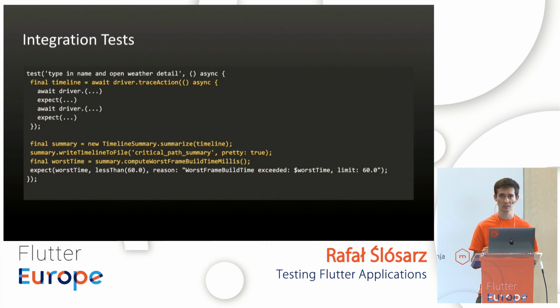We can see it in the browser as well. But from this summary, we can actually easily calculate what was the worst frame build time, for example, or what was the average build time of our frames. And having tests like this, we can easily create some expect methods that will fail whenever we cross the border, and we will not meet our customers' key performance indicators.